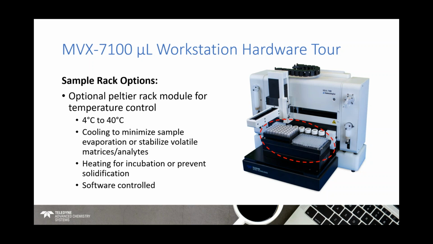So you could cool the samples to minimize sample evaporation or stabilize volatile sample matrices like an organic solvent, or an analyte which is known to be more volatile. Or you could use heating for incubation of a sample or samples, or to prevent solidification.